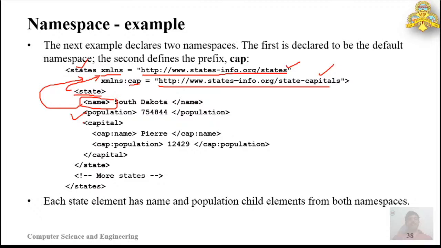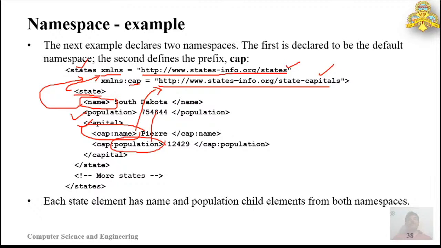This is also a name element, but its definition is specified in the cap namespace, cap:name, and its definition is taken from this URI. Likewise, population is also another one, coming from the prefix cap, that is from this URI.